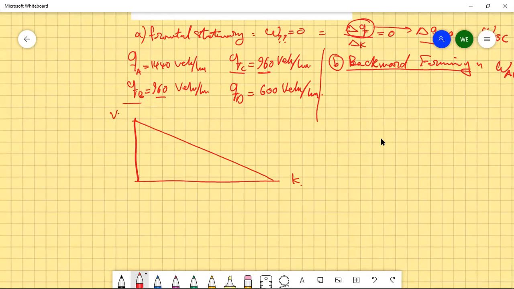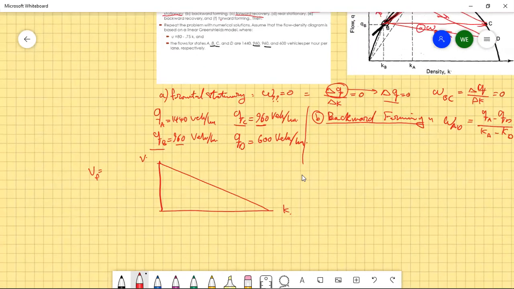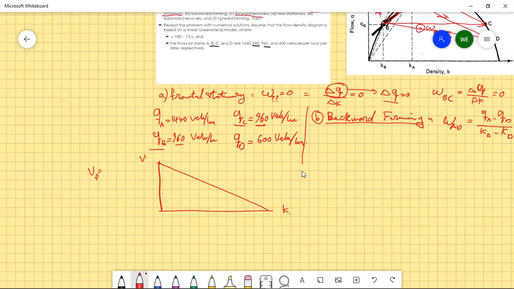So we have here K and V. Okay, so what is VF based on this equation? We have V equal 80 minus 0.75 K. So if K equals 0, V equals VF, correct?